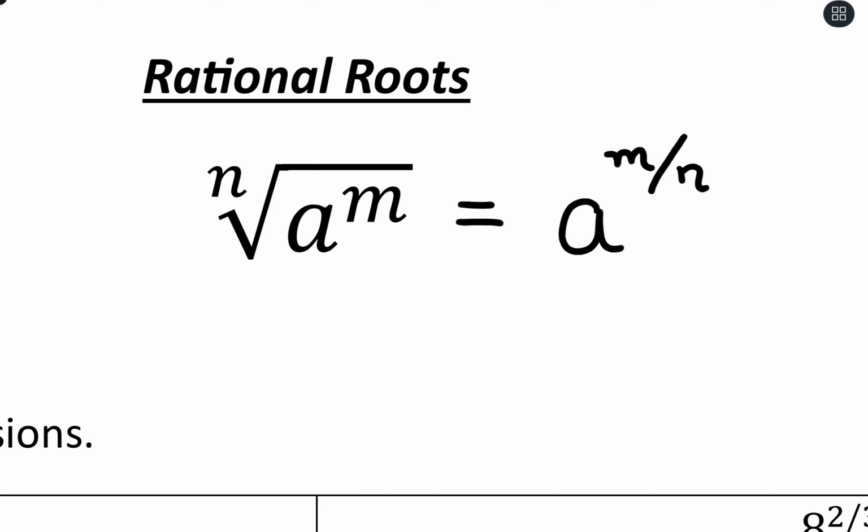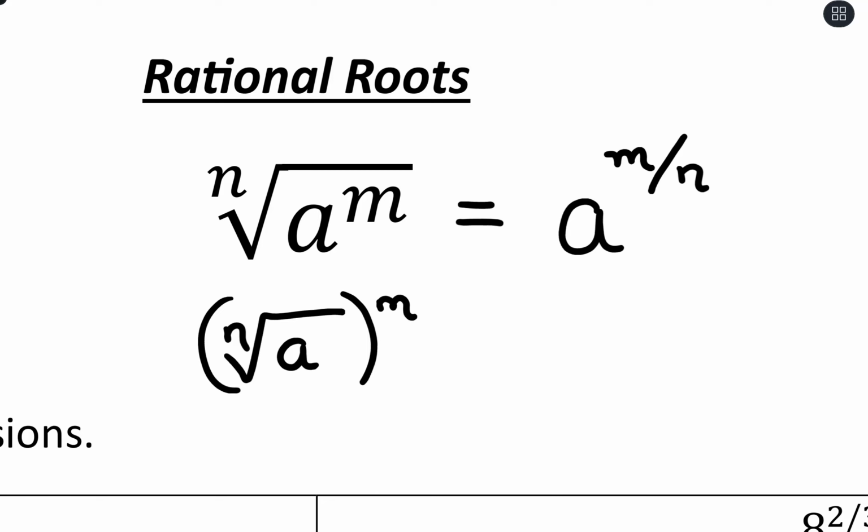So we can re-express these roots as a fractional exponent or a rational exponent. Another way we could see this is as the nth root of a, and then on the outside of that, raising it to the power of m. But m is an exponent, n is an index of a root, and the index goes in the denominator, exponent goes in the numerator. So let's look at some examples with this.